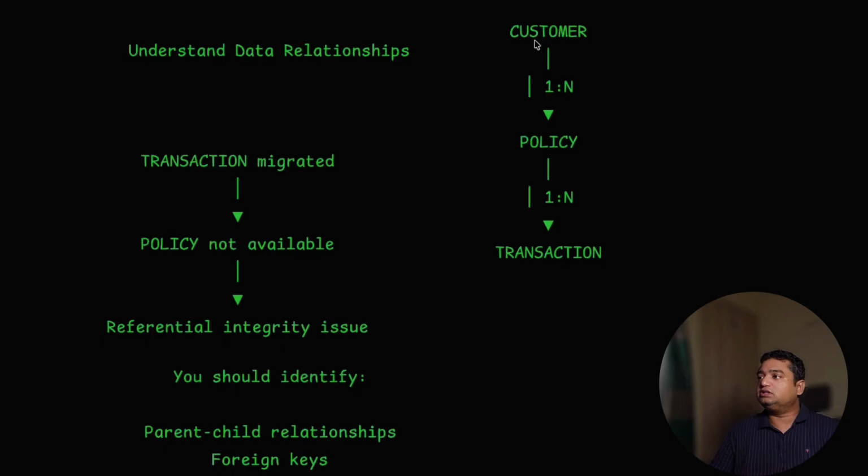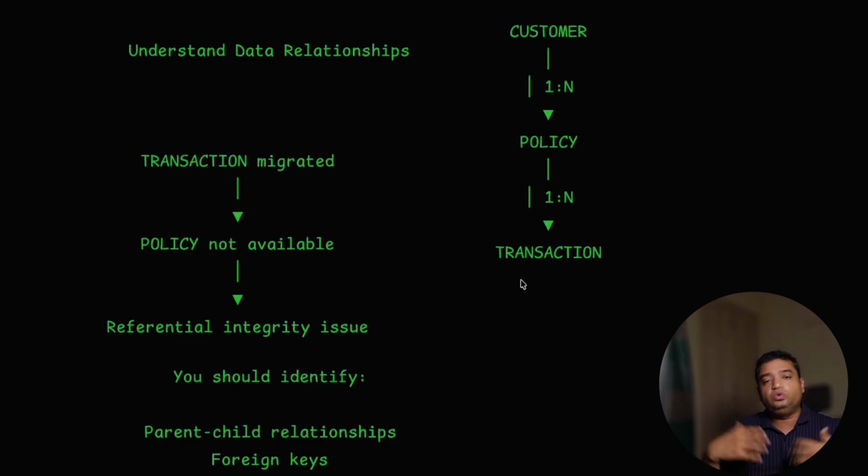For example, the customer has a one-to-many relationship with the policy, and the policy has a one-to-many relationship with the transaction. So if you're doing the transaction migration, the policy can be unavailable because you have not migrated the policy. So we have to first migrate the customer and policy tables, then get into the transaction table. Referential integrity issues should not come while doing the testing.